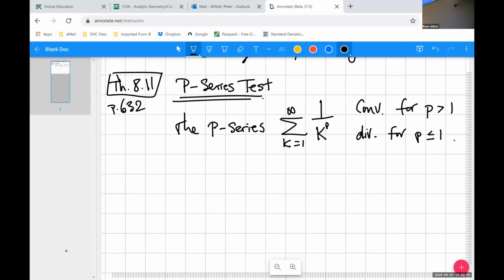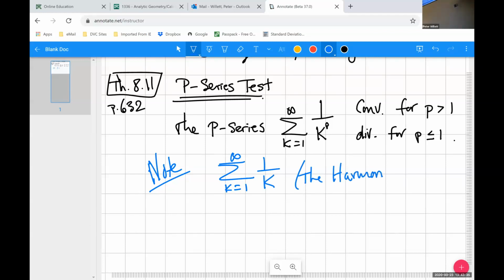So take note, the series k goes from 1 to infinity of 1 over k, which is, again, the harmonic series, is a P series with P being equal to 1.